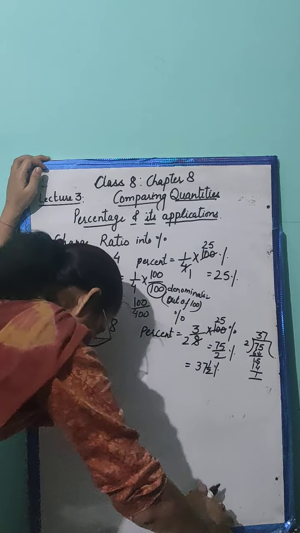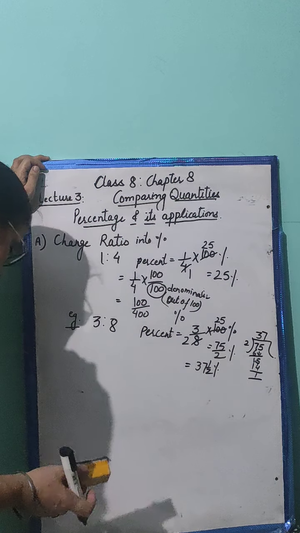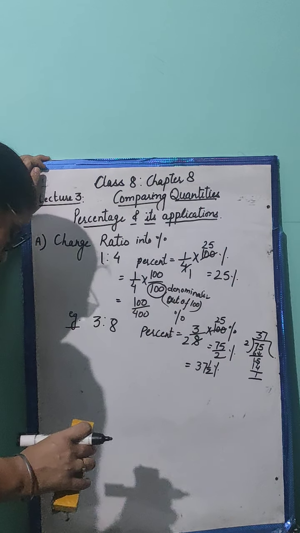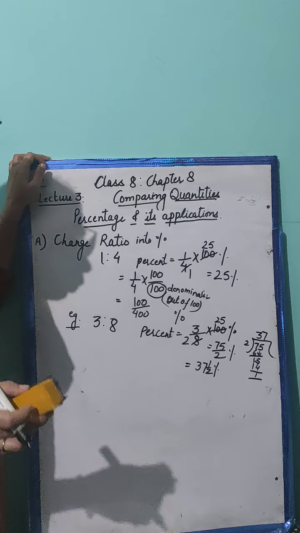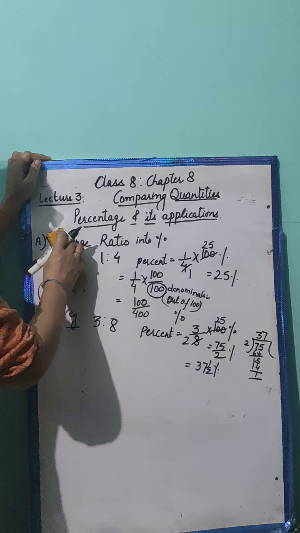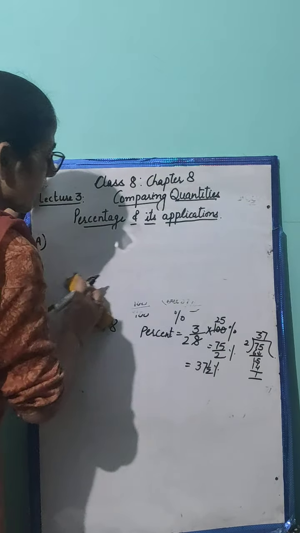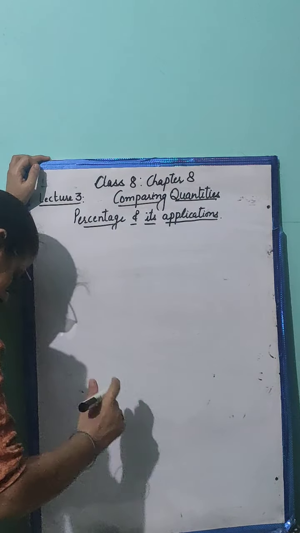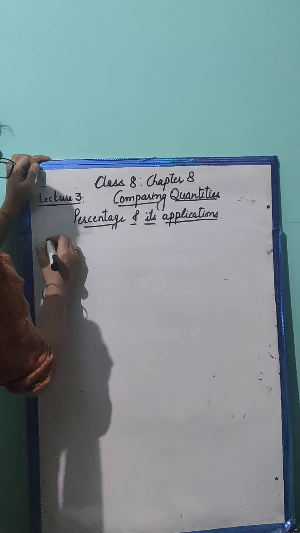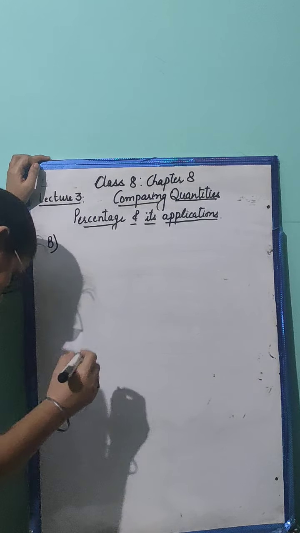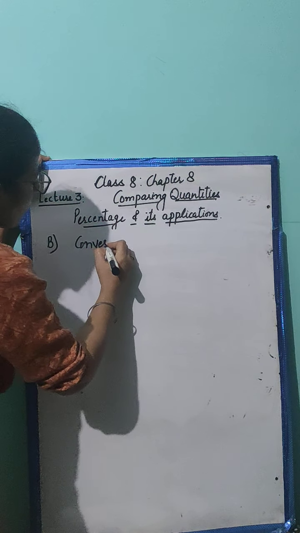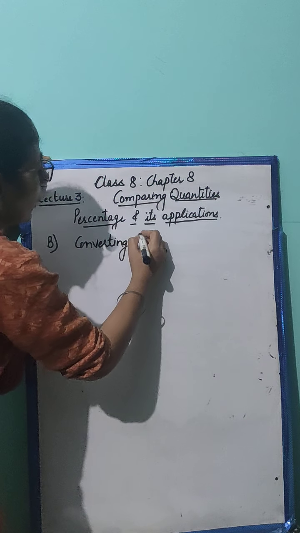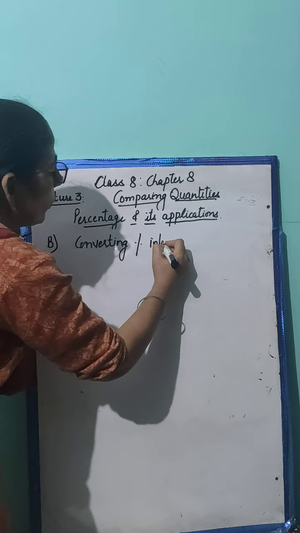Now the second step is, what should we do? Converting percentage into ratio. If we want to do the reverse and change percentage into ratio, how do we do it?